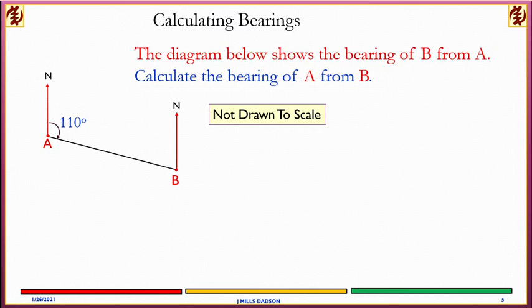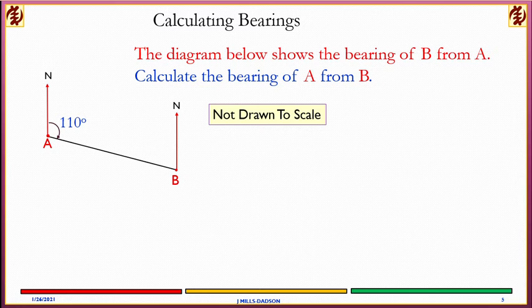They make a Z shape, but the real name is alternate angles. The next one is co-interior or allied angles. Co-interior or allied angles add up to 180 and they form a C shape. We're going to employ these angle facts to help us calculate. Whenever you see a calculation of bearing question not drawn to scale, you are not allowed to use a protractor.